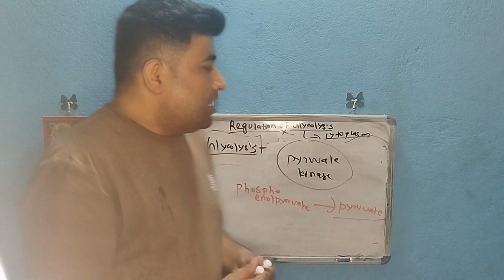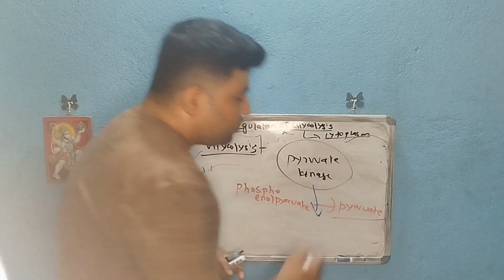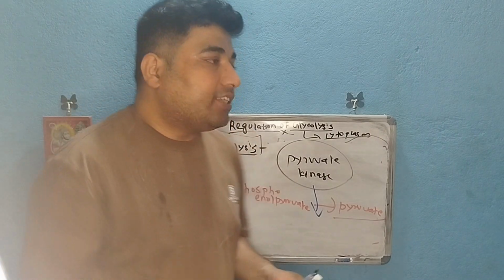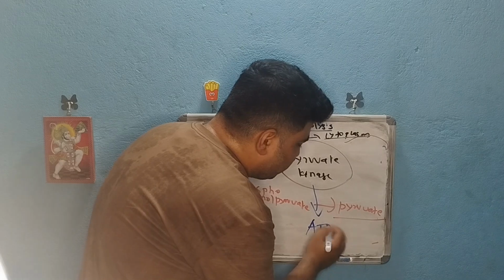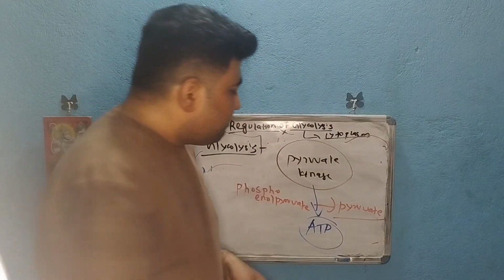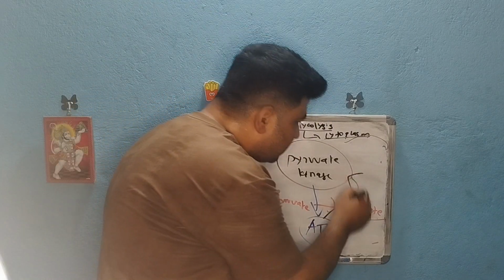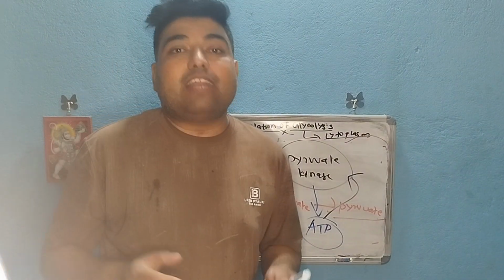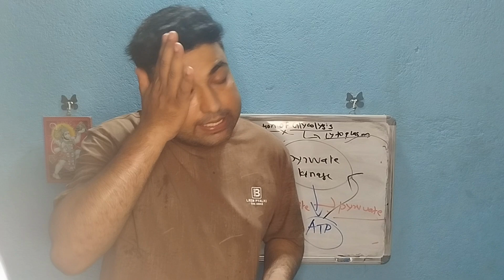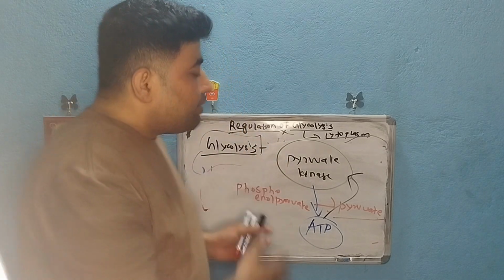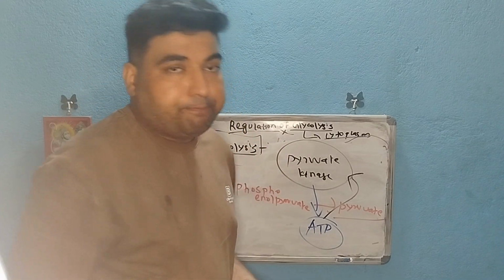This enzyme is regulated by the concentration of ATP inside the cell. That means ATP inhibits the enzyme pyruvate kinase allosterically.